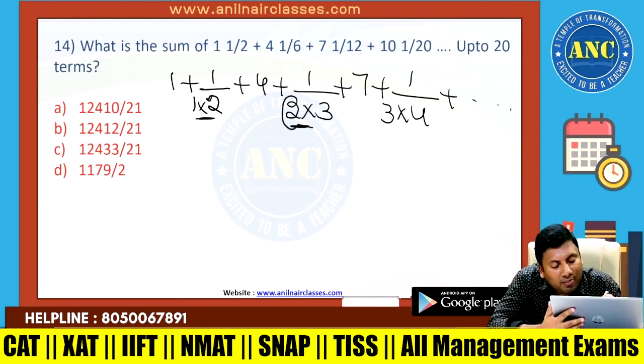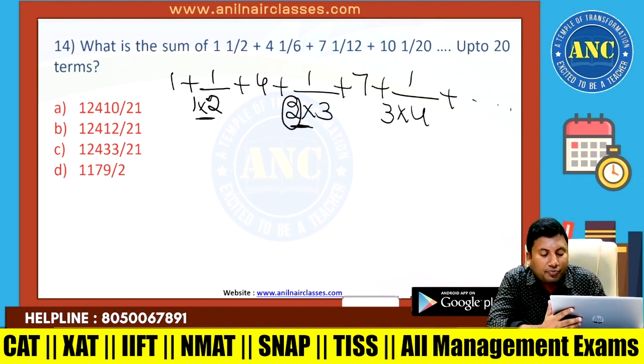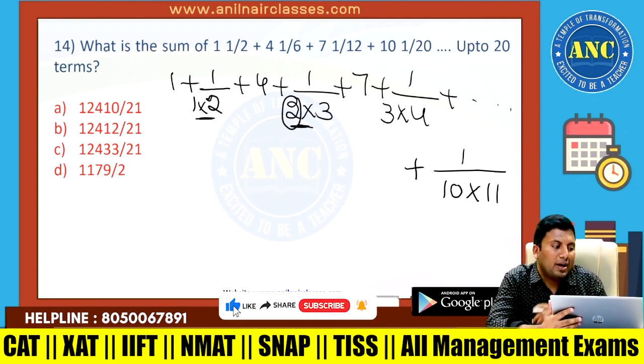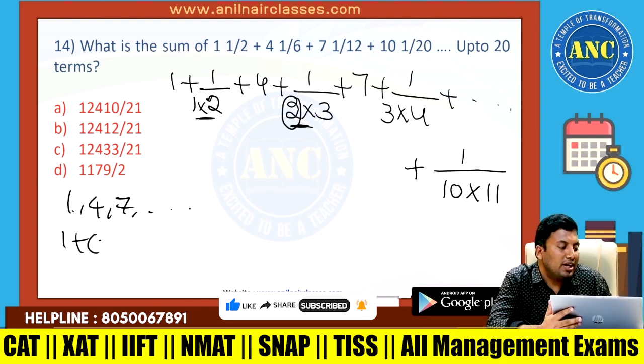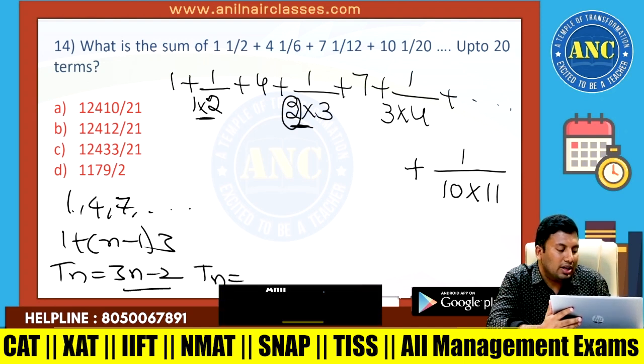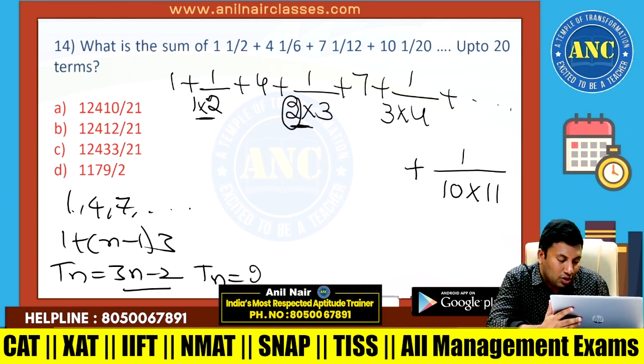Fourth term denominator first value is 2, 4 by 2. Sixth term denominator is 3, 6 by 2. Tenth term denominator is 1 by 10 into 11, plus 1 by. Here it is 1, 4, 7 and so on. a plus n minus 1 into d. Tn is nothing but 3n minus 2. So Tn is 30 minus 2, 28.